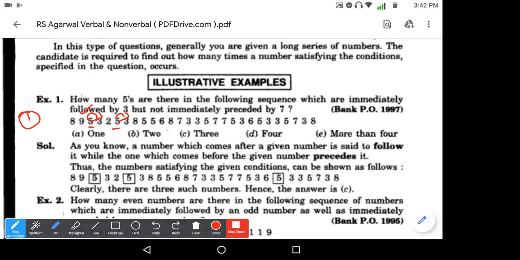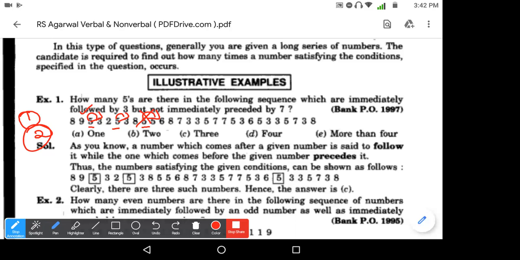So there is one more which I got. So 2 5s I have got. Now let us go to the next 5. You see here there is the third one. Now after this 5 there is a 5, but there is no 3. So I cannot consider this.